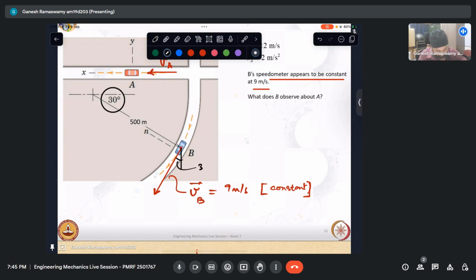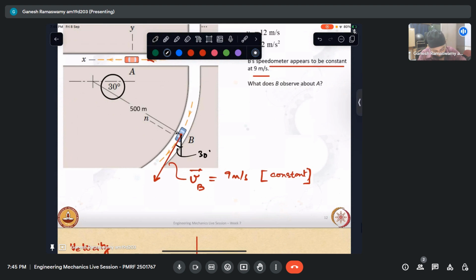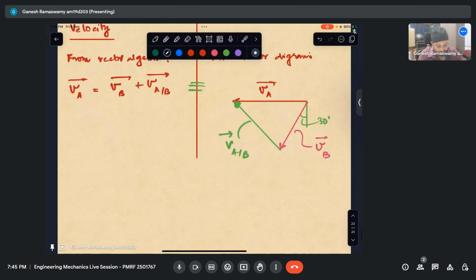And I know that this is normal, this is 90 degrees, which is not the same 90 as that. So this is 90, which implies, what is this angle? This angle comes out to be 60 degrees.